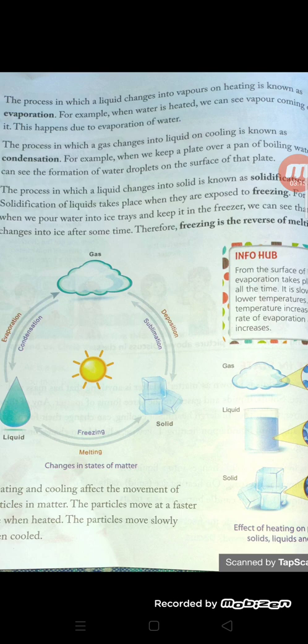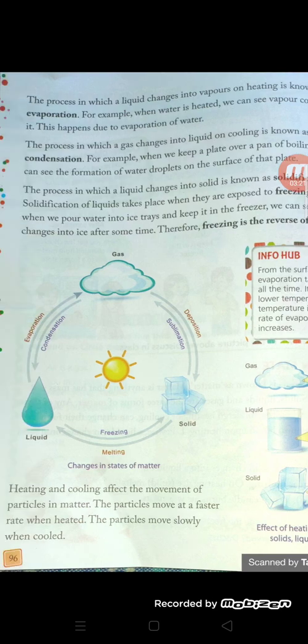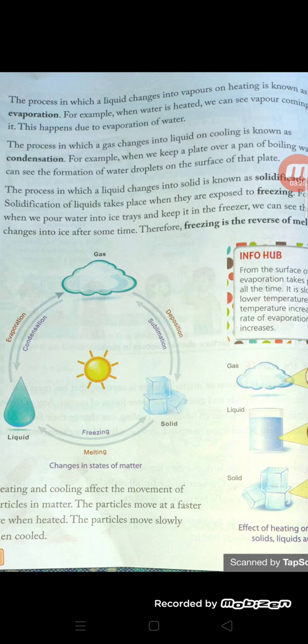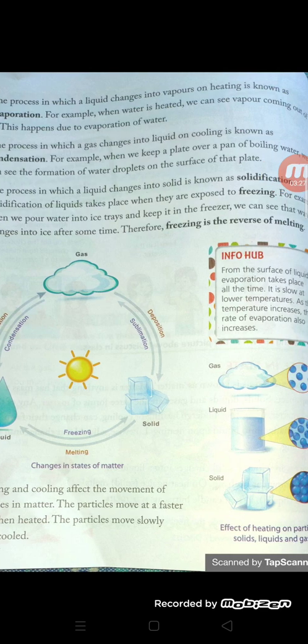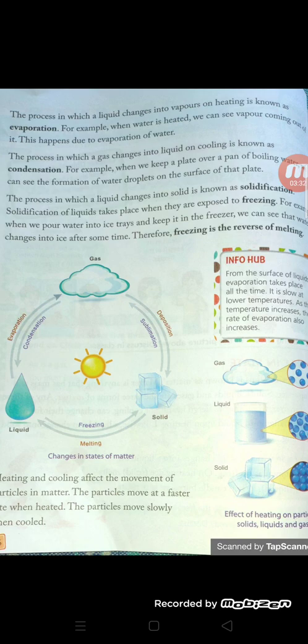The process in which a liquid changes into solid is known as solidification. Solidification of liquids takes place when they are exposed to freezing. So when liquids are exposed to freezing, where water changes into ice, that is known as solidification.